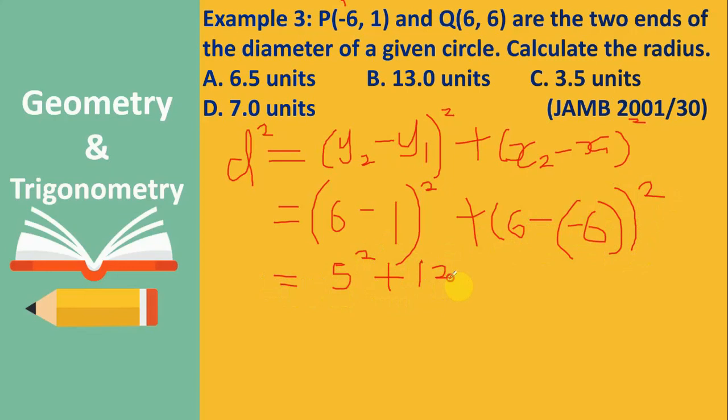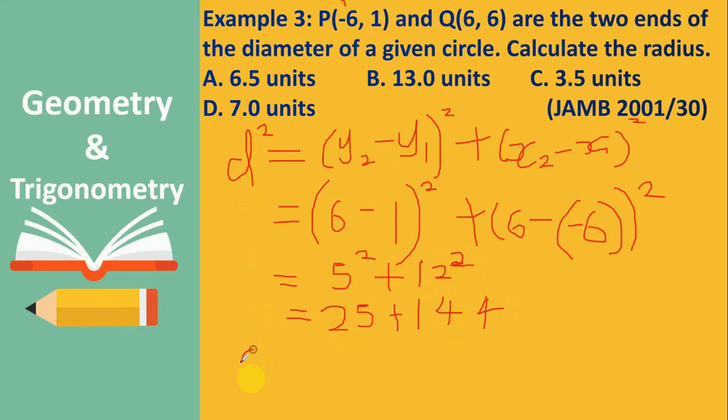Then plus 6 minus minus 6 means 6 plus 6, and that is 12, and that is 12 square. Now, what is 5 square? That is 5 times 5, which is 25. Then what is my 12 square? That is 12 times 12, which is 144. Don't forget that d is square.